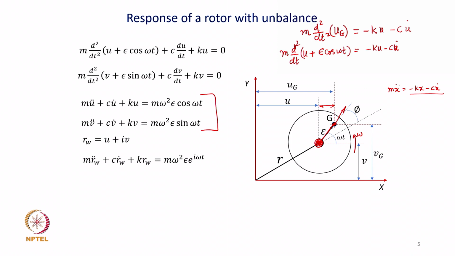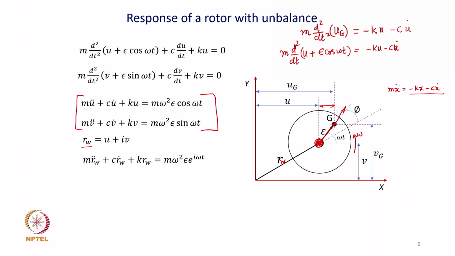So, then you have two governing equations of motion. I will combine them by using a complex variable R w, which is u plus j v.